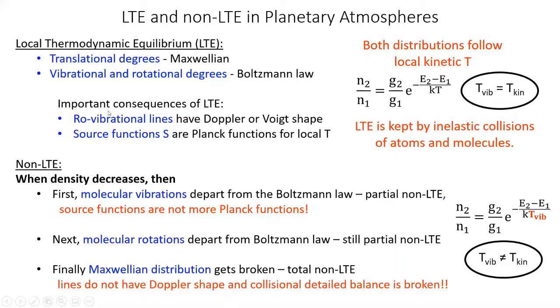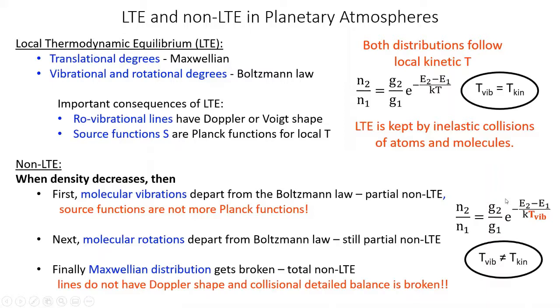Further, the vibrational lines have Doppler and Voigt shape, and source functions used in the radiative transfer equation are Planck functions and are also governed by the local temperature. In the middle and upper atmosphere, when the pressure and densities are exponentially lower, thermal collisions are no longer the dominating energy transfer processes controlling the population distribution.